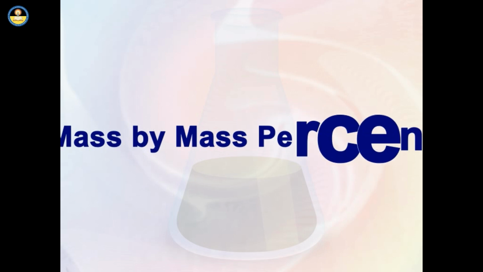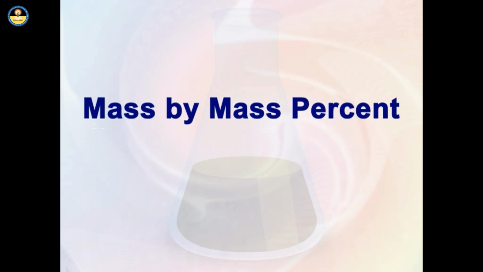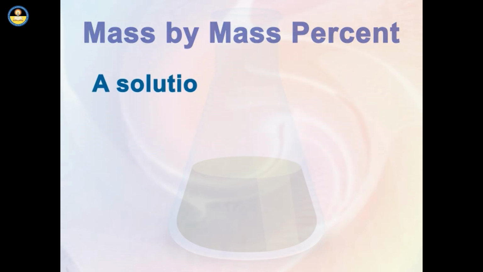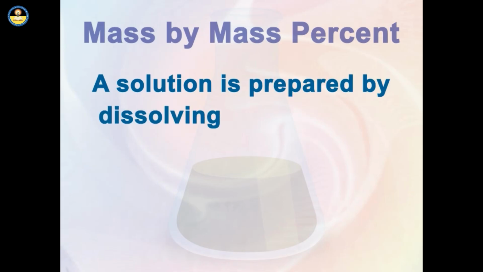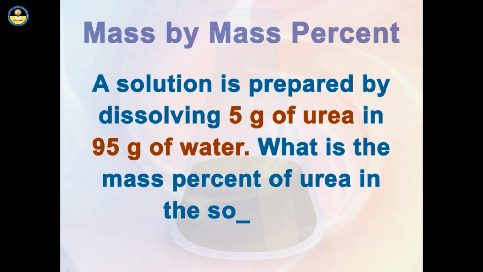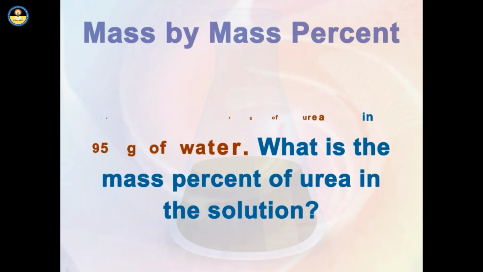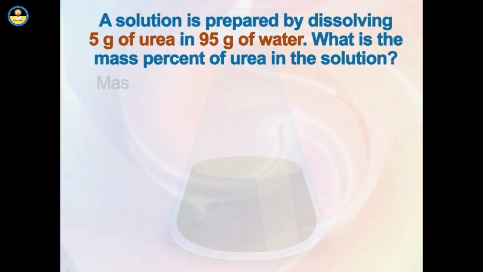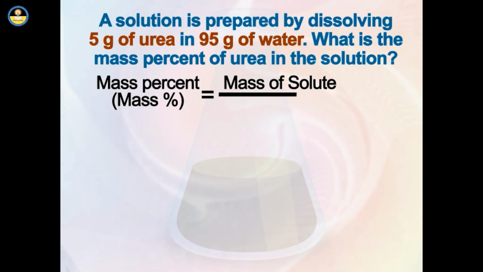Here is an example for you to understand this concept. A solution is prepared by dissolving 5 grams of urea in 95 grams of water. What is the mass percent of urea in the solution? Now, let us have a look at the solution. Mass percent equals mass of solute divided by mass of solution multiplied by 100.